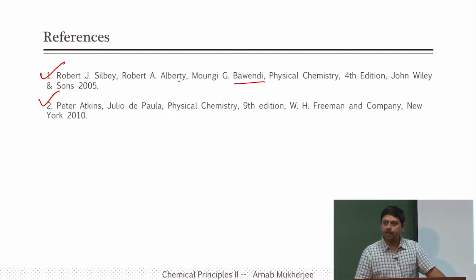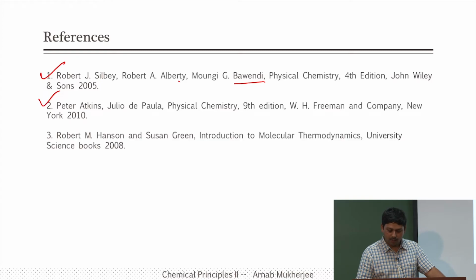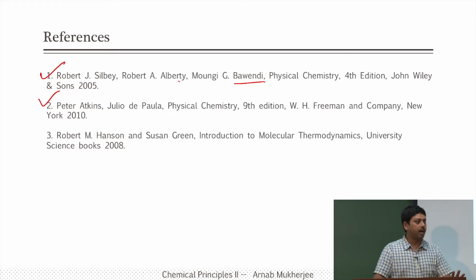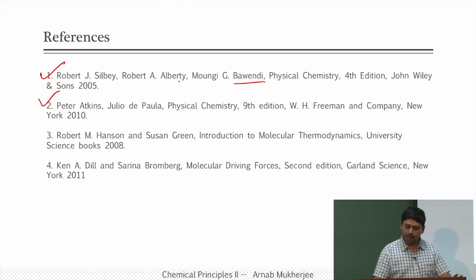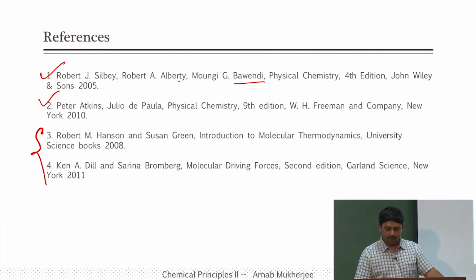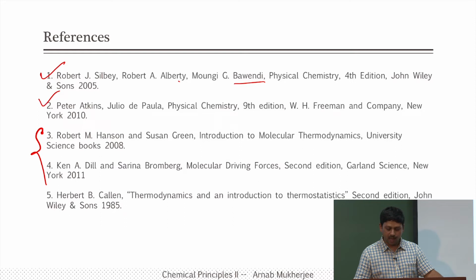These two typically will be required for the classical thermodynamics part, and then we will also talk about molecular thermodynamics, where we will explain the principles of thermodynamics from atoms and molecules, and for that we will follow these two books by Hansen and Green and by Kendall, and we will mention as time progresses when and how these books will be required.